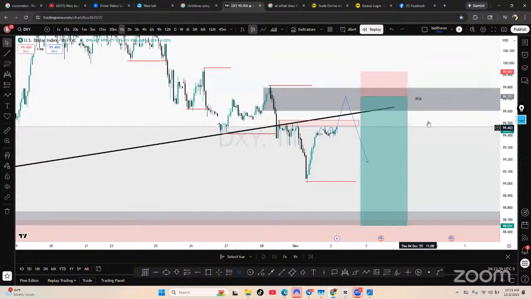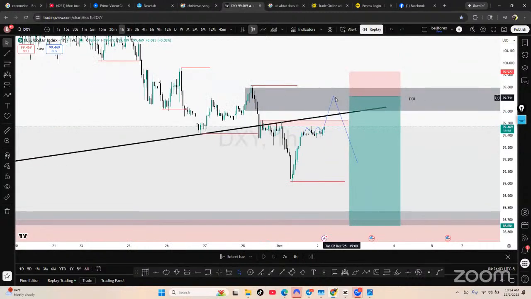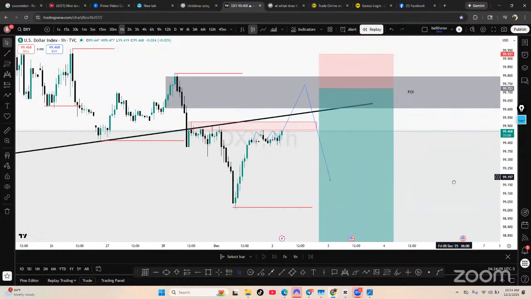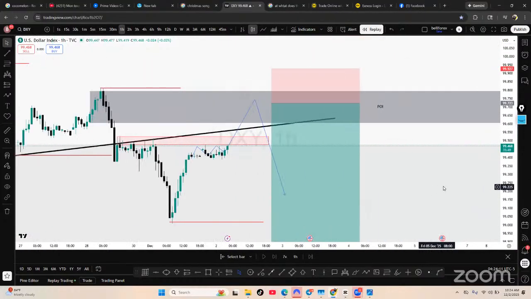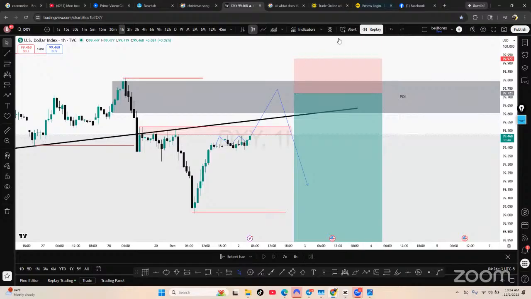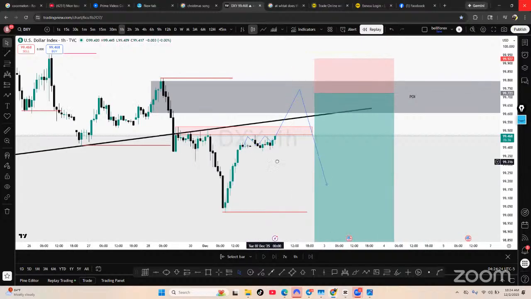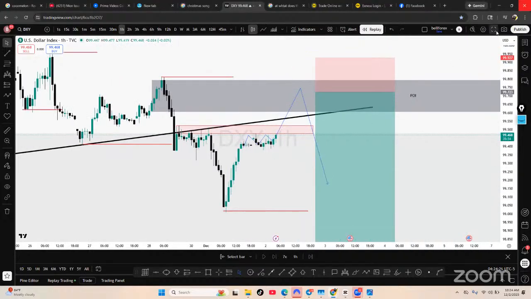So this is what we are planning. So this is what I'm holding as far as the DXY is concerned.